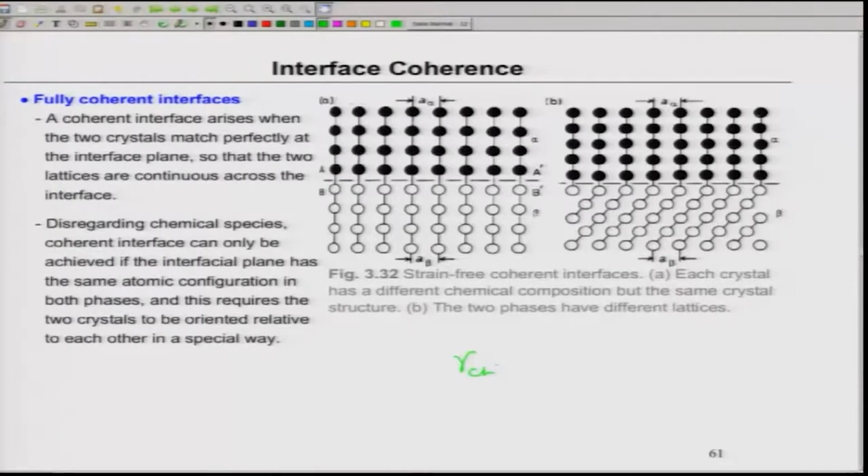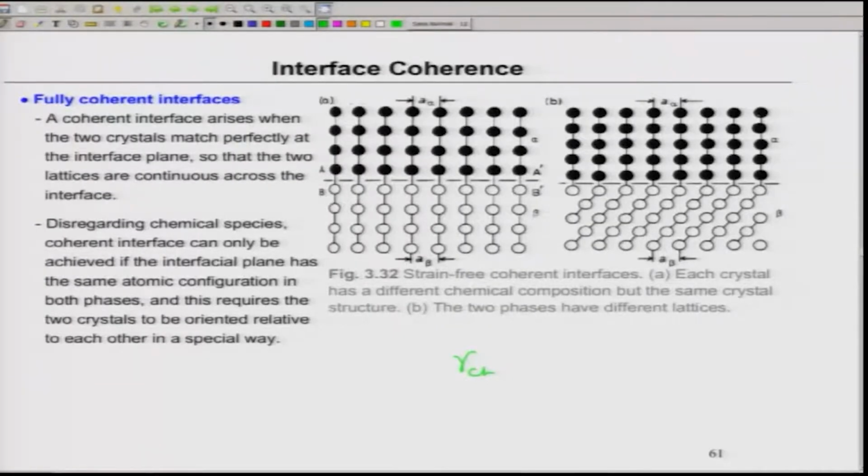Another situation is shown on the right side, known as B, where the planes are not parallel but atomically matched. You see, the planes in the alpha phase are coming down from top to bottom, but the planes in the beta phase are moving at an angle with respect to the interface, but still they satisfy all the bonds at the interface.